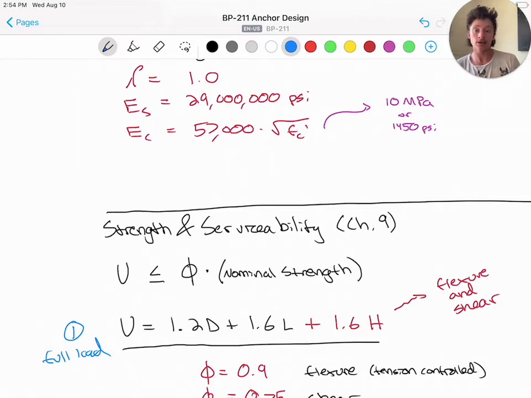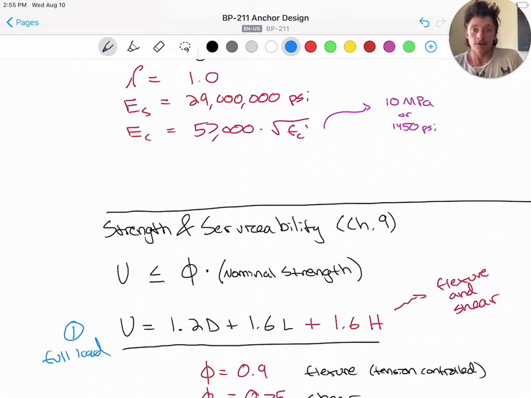And we'll only include the earth pressure in flexure and shear because that's a load on the beam. But for the actual bearing, we're checking the cables within the beam bearing on a section of concrete. So we'll take that out.